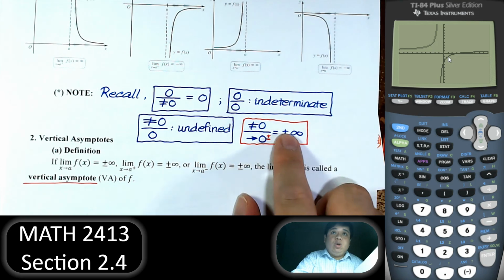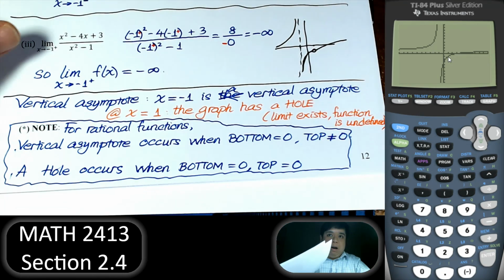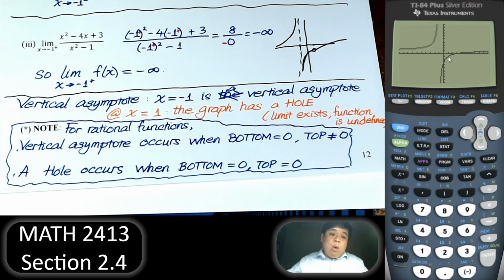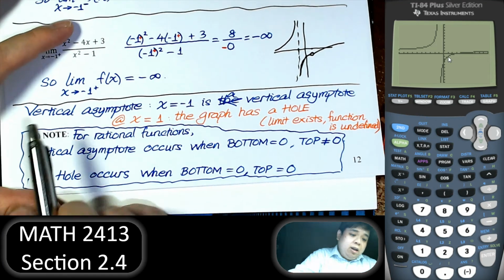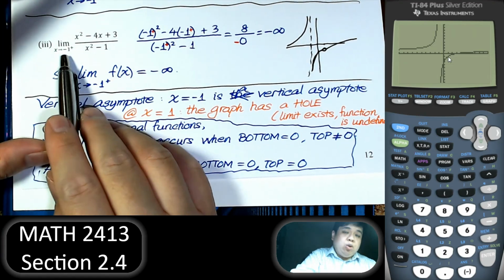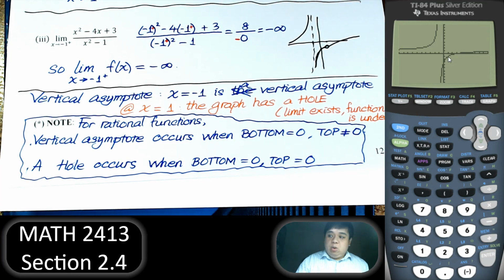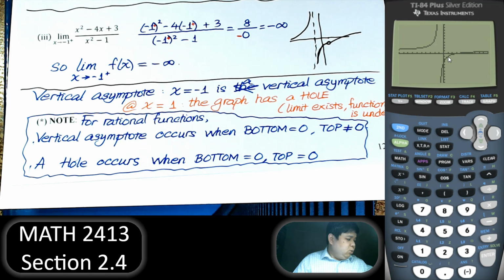So it could be either positive or negative infinity. And I think we did quite a few examples about that. And finally, when we have the limit of the function equal to infinity as x approaches a number, then x equal to that number is the vertical asymptote. And this is the little note with that.